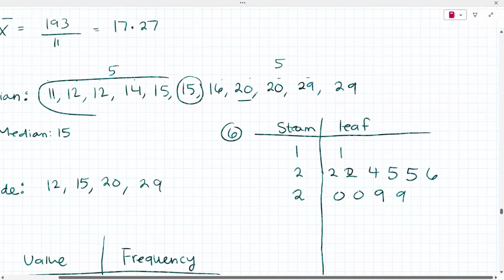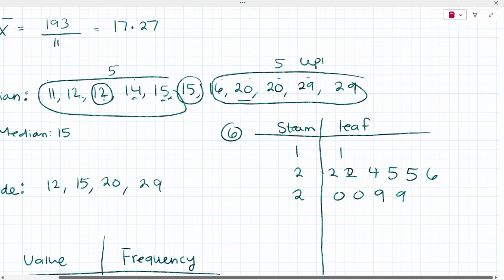This is the lower half, and there are 1, 2, 3, 4, 5 numbers. 5 is odd, so I think it is 12. There are 2 numbers here, 2 numbers there, and then this would be the upper half.